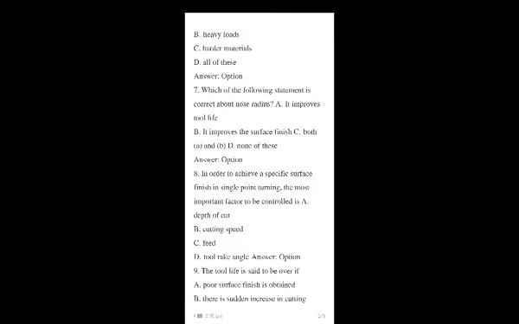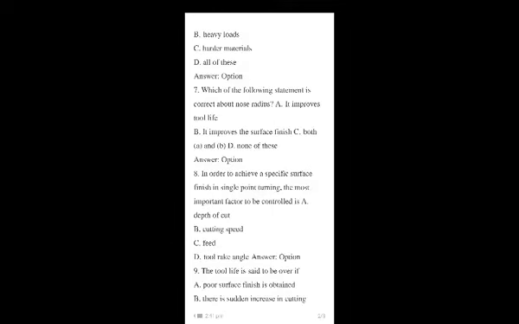Now 8th question: in order to achieve a specific surface finish in single point turning, the most important factor to be controlled is option C, feed.